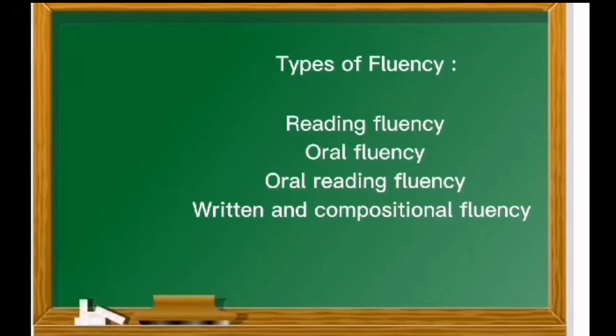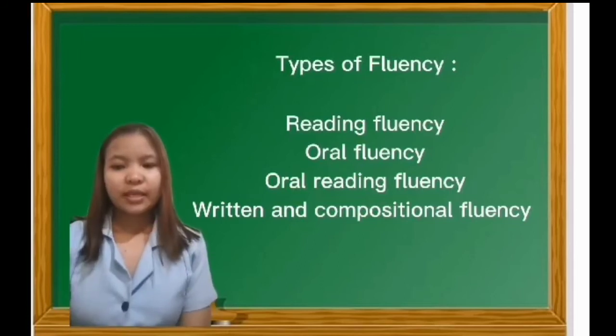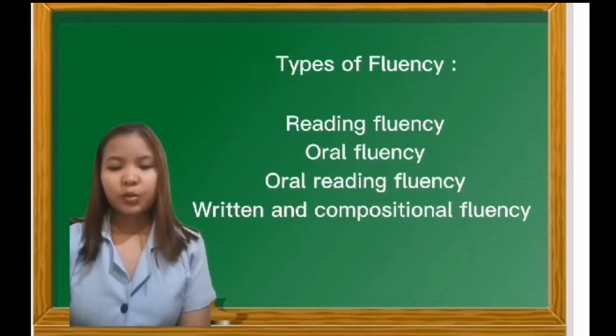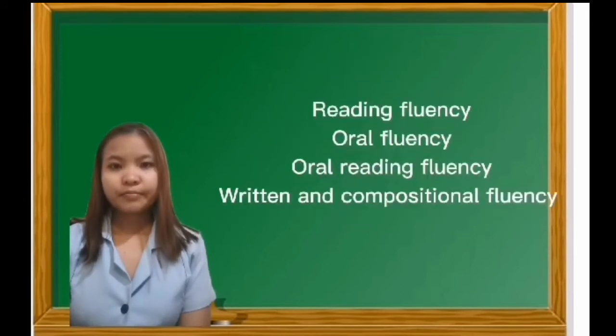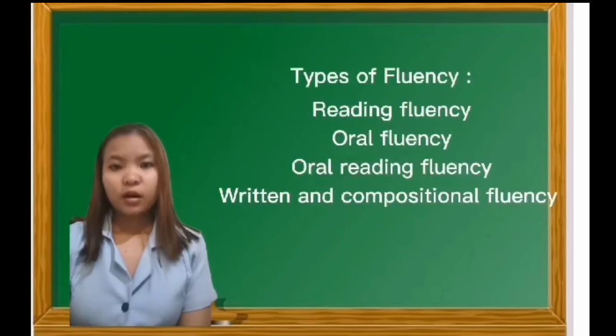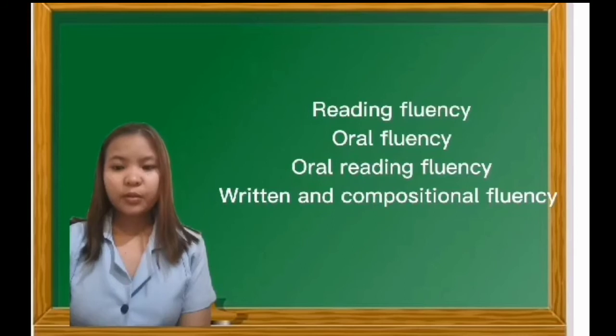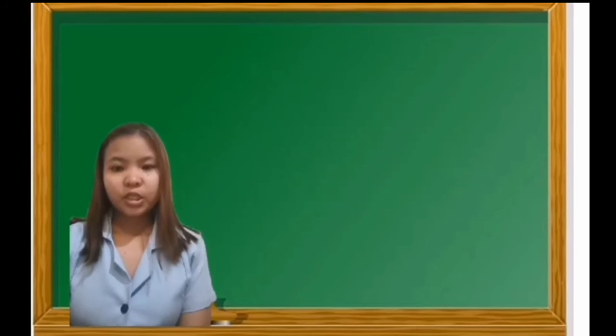And the third, oral reading fluency, is distinguished from oral fluency. It is the speed of how fast we talk. And the last one is written and compositional fluency, which can be measured in a variety of ways. So there are many kinds of fluency in written and compositional fluency.